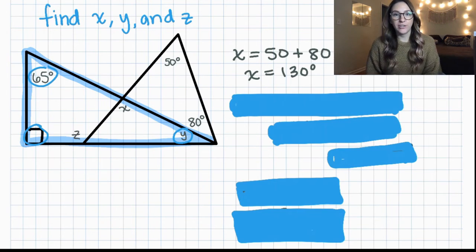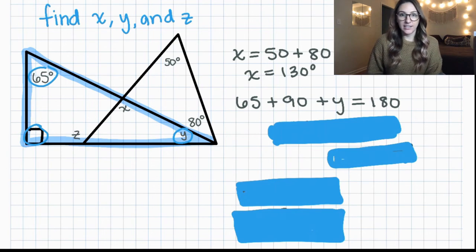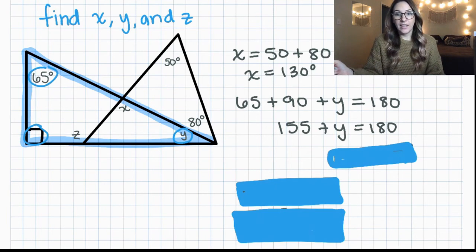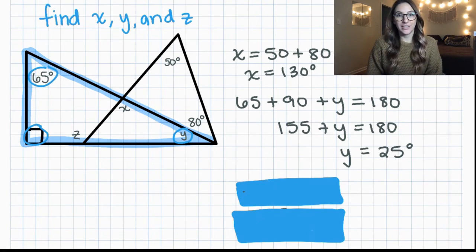So using the triangle angle sum theorem, we can write an equation saying that 65 plus 90 plus y equals 180. Solving that equation, we combine like terms. 65 and 90 is 155. And then subtracting the 155 from both sides, we should get y equals 25 degrees.